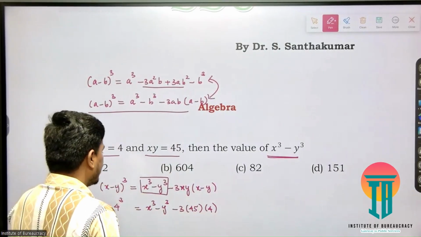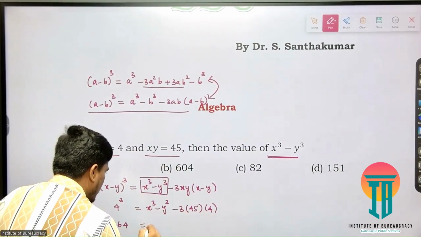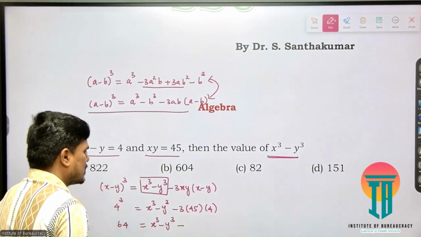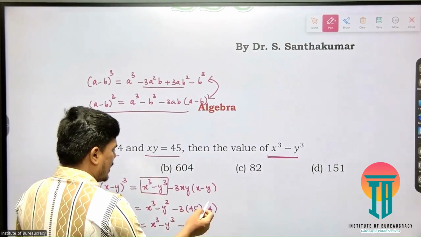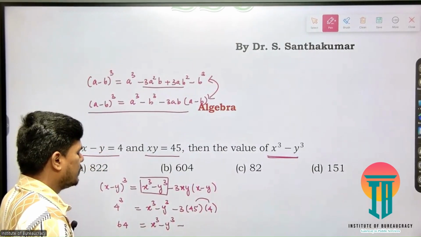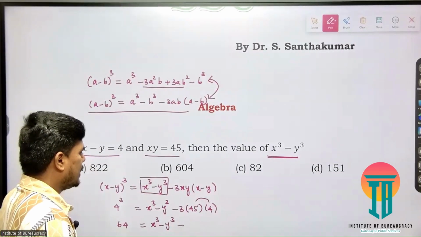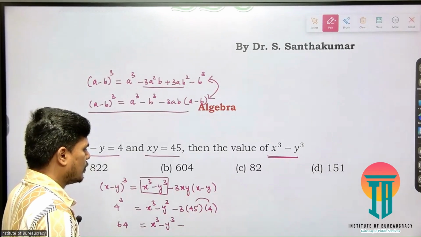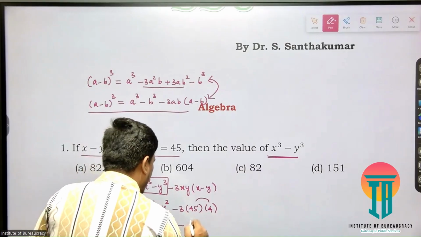Now this is going to be 64, equal to x cube minus y cube minus 4 times 45, which is 180, into 3, so 540.